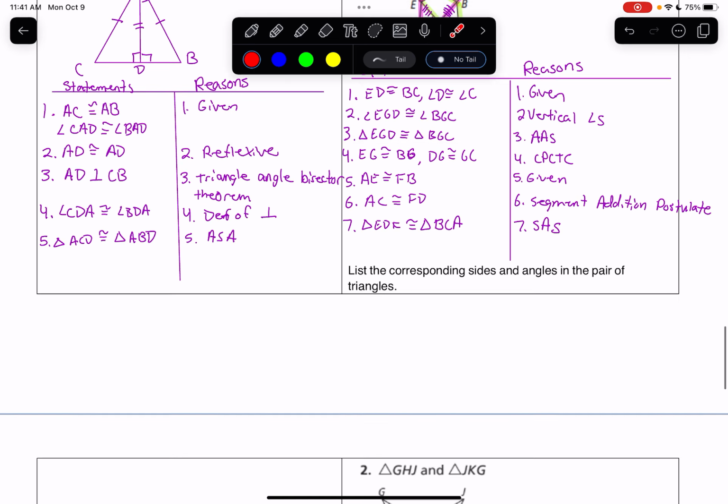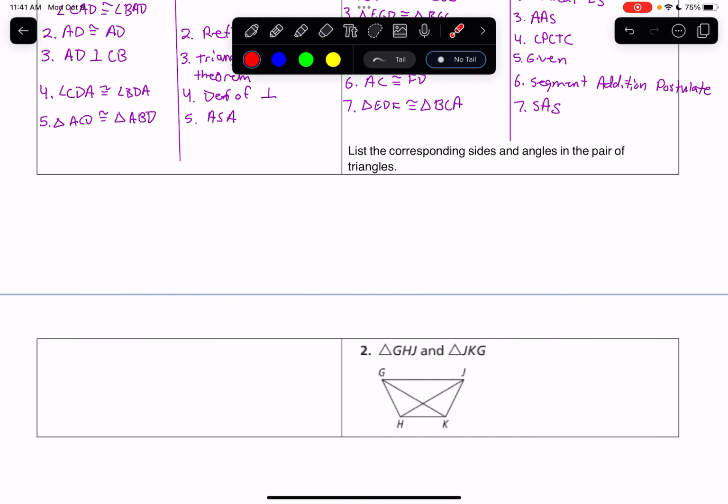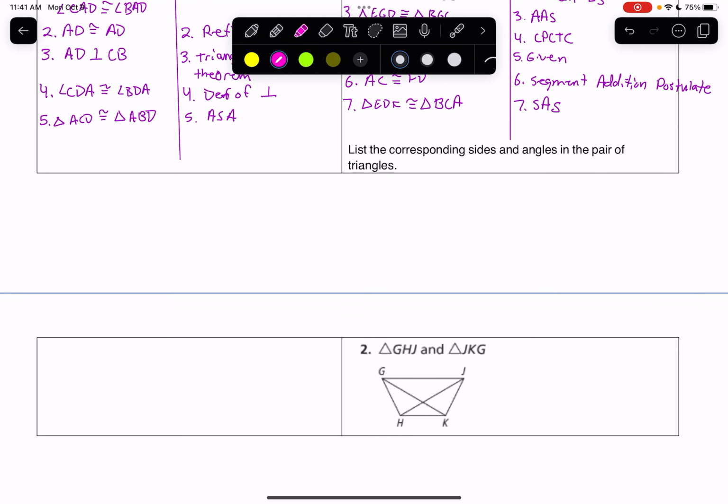And then finally, list the corresponding sides and angles in the pair of triangles, triangle GHJ and triangle JKG, just like this. There we go. So the corresponding sides would be GH is corresponding, I'm just going to use a little squiggly there, to JK.